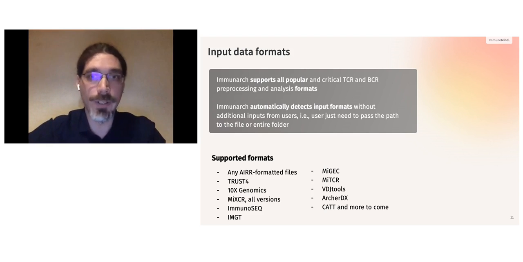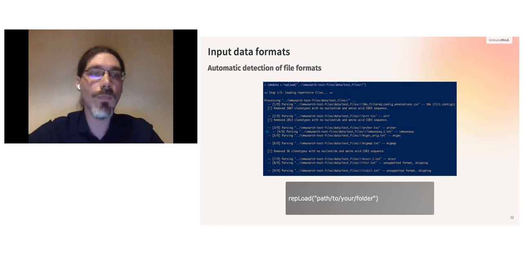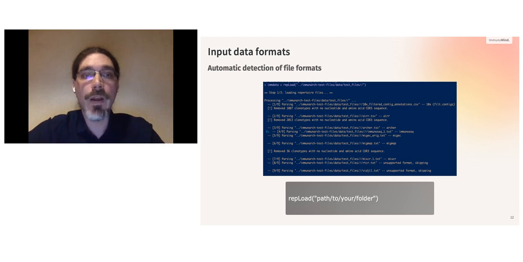It's all extremely simple. In order to load your data into R, you just need to run the function called repLoad. You provide a path to your folder or to your file and just wait for parsing.